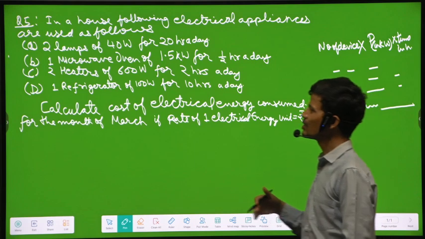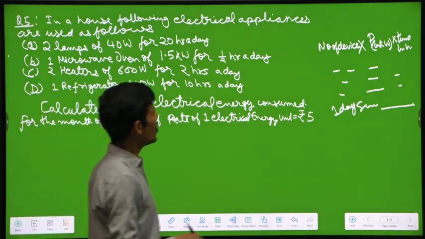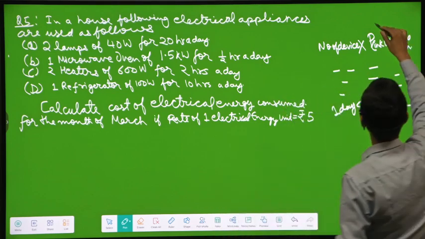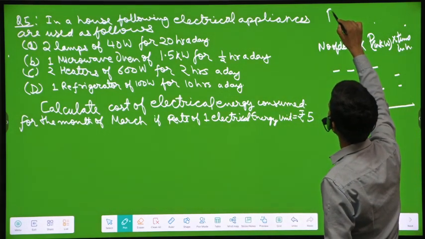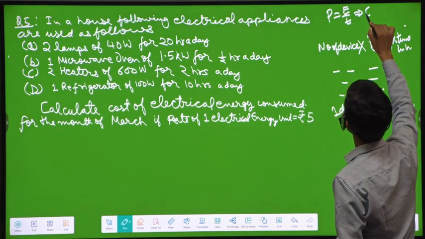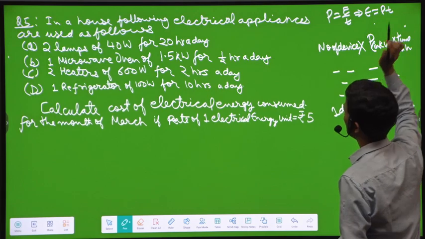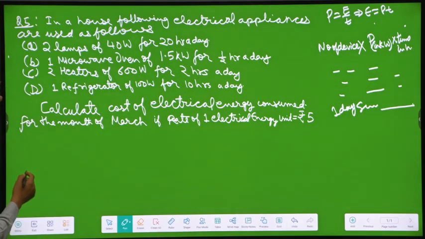Then it is totally a mathematical part. But why are we doing this power into time? We have to find electrical energy, and because power equals energy by time, energy is equal to power into time. All right, so we'll start.